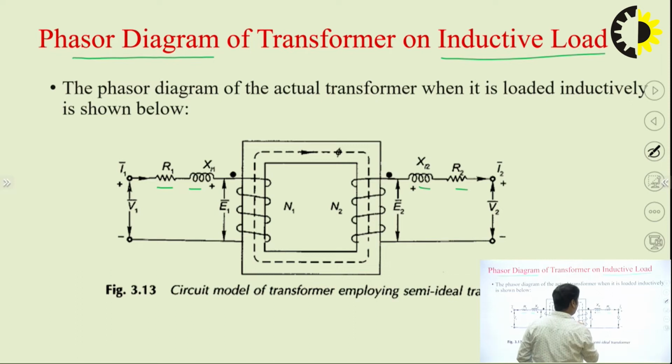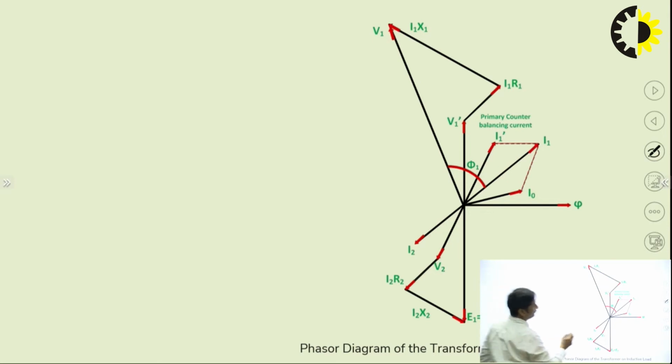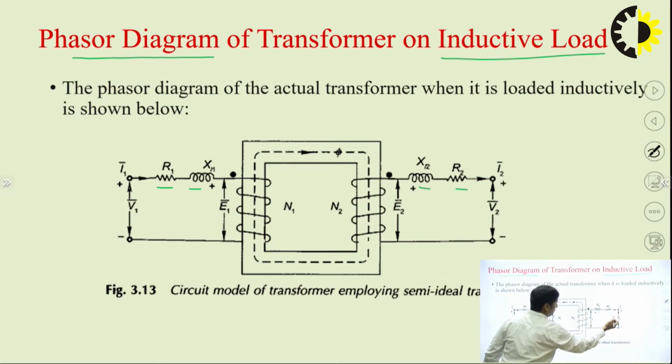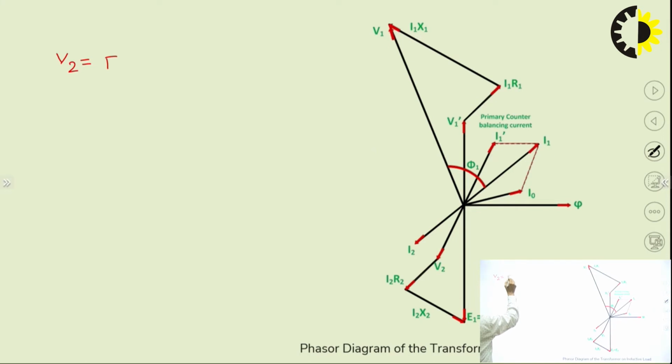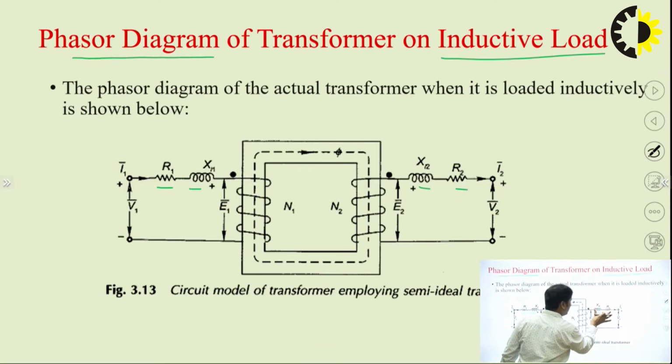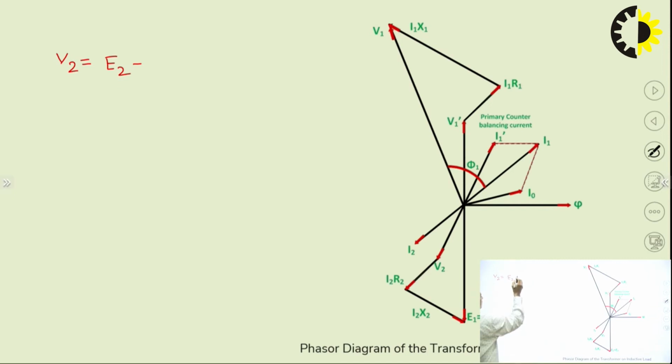If you apply KVL at this end, V2 will be equal to E2, the induced EMF in the winding, minus the drop in the leakage reactance as well as in the resistance. The current flowing is I2, so I2 times R2 plus jX2.